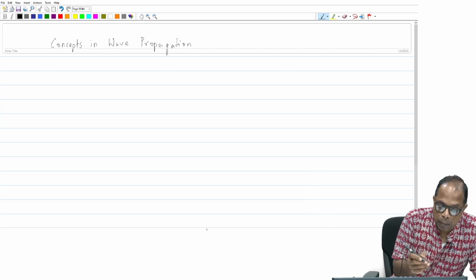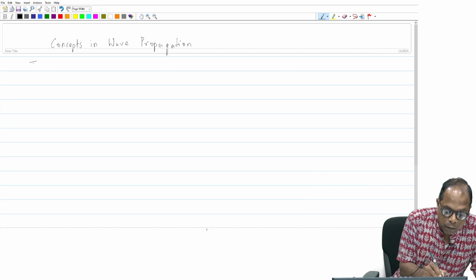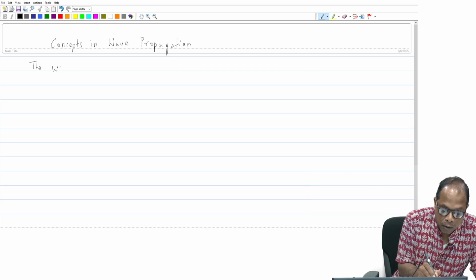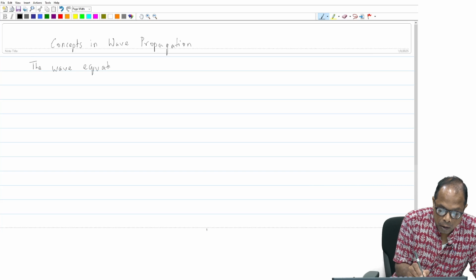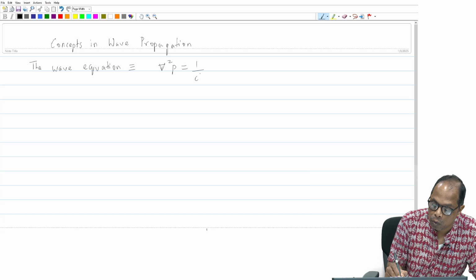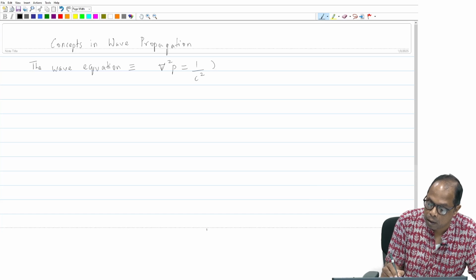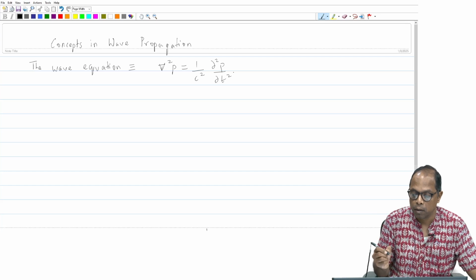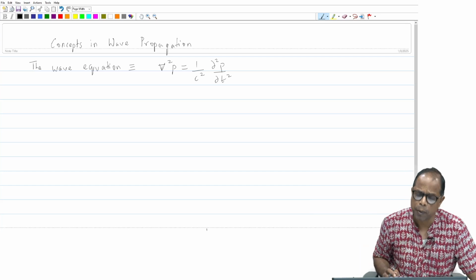So the wave equation, I call it, is this: del square p is equal to 1 by c square, d square p by dt square, partial. Now p is the pressure wave.